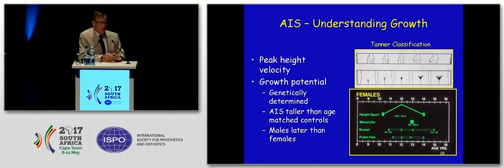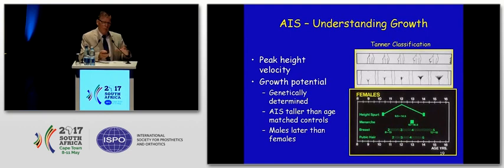The classic one is the Tanner classification of secondary sexual characteristics in children. And by that, we can determine the time of peak height velocity. Really, the only way you can determine that is by measuring the child on follow-up visits. But you can make predictions based on the Tanner classification.